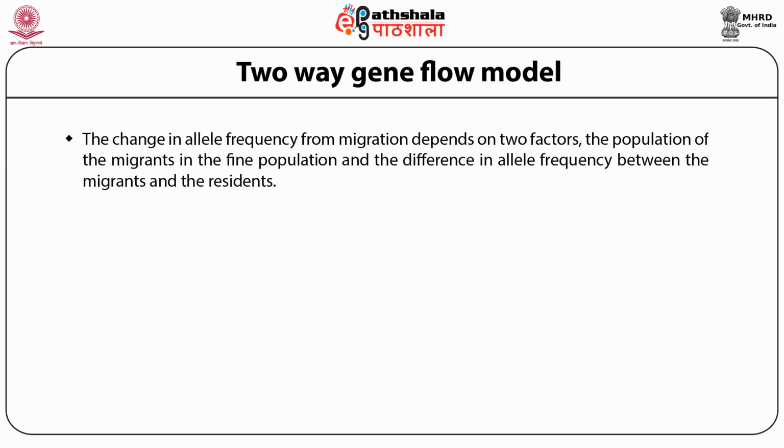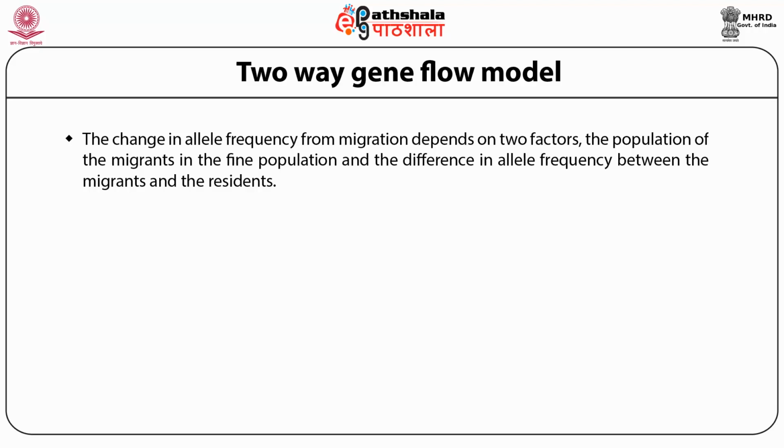Populations must differ in their allele frequencies for migration to affect the makeup of the gene pool. With continued migration, the source of migrating population and the destination population become increasingly similar in their allele frequencies. As a result, the change in the allele frequency due to migration decreases.